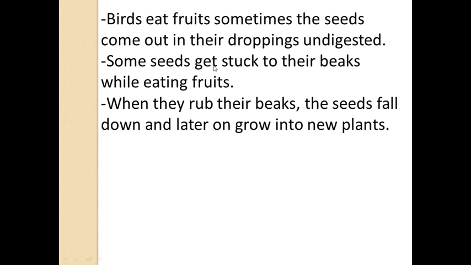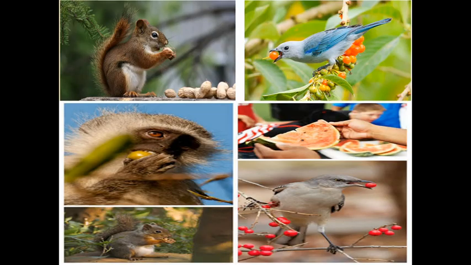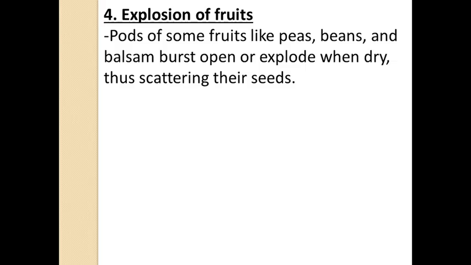Some seeds get stuck to their beaks while eating fruits. When they rub their beaks, the seeds fall down and later grow into new plants. You can see the pictures: squirrel, birds, monkeys, and ourselves, we also eat watermelon and apple, and we throw the seeds away and they grow into new plants.